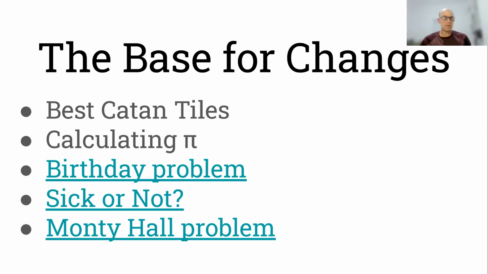We're going to see what are the odds that a person is sick, given a test that says that he is sick. And we're going to talk about the Monty Hall problem, which is statistically interesting, but also a very philosophical question. I'm not a philosopher, so you can discuss it later and see what's going on.